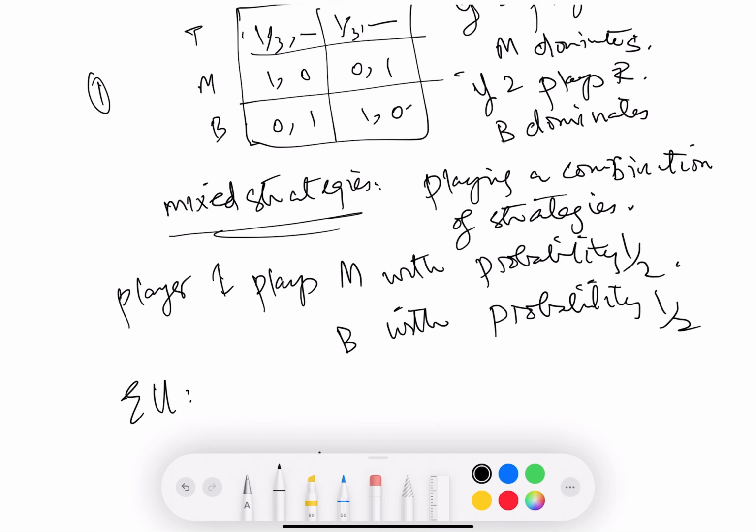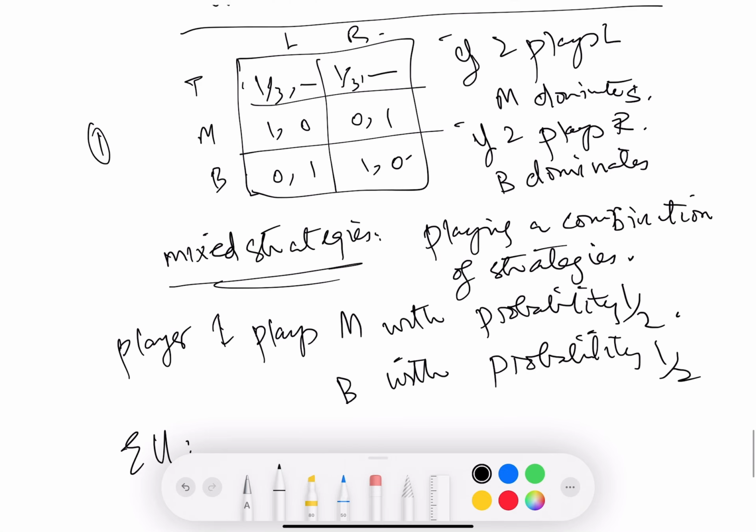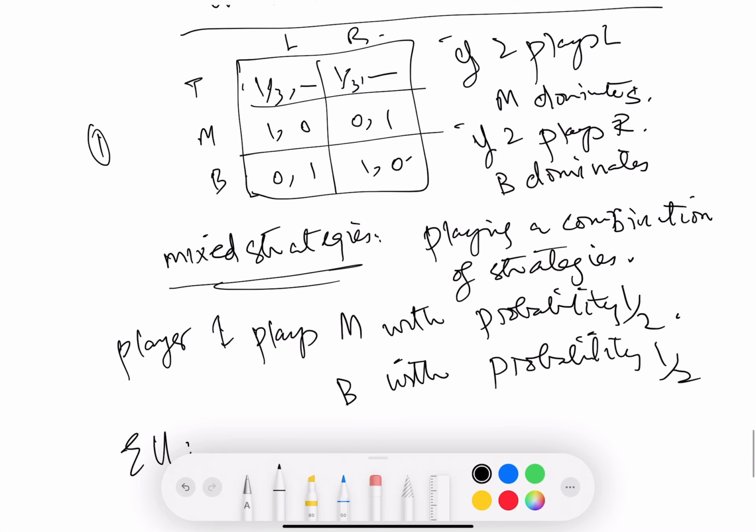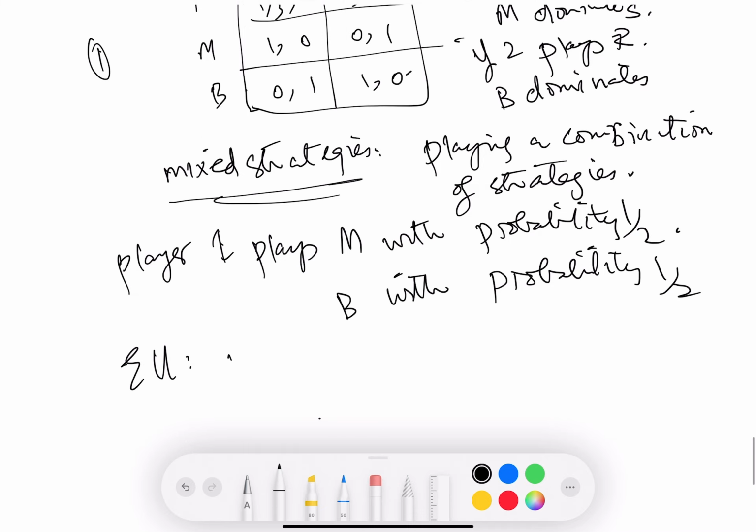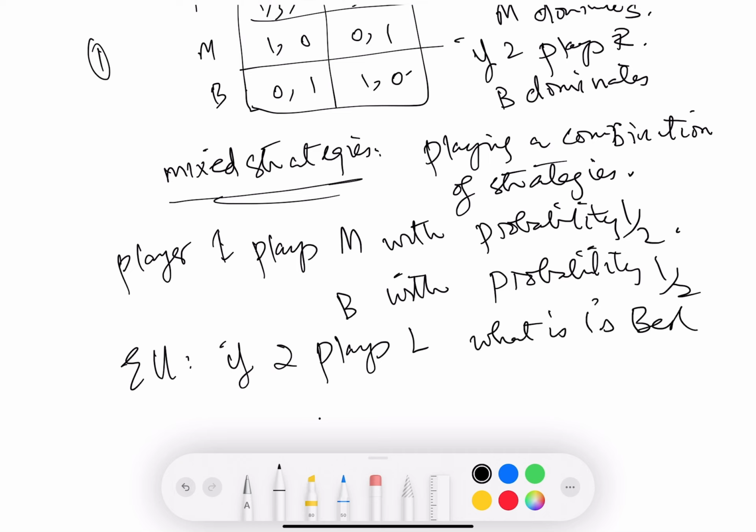If player 1 is playing M with probability 1/2 and B with probability 1/2, and we are allowing those combinations, then if 2 plays L, what is 1's best response? Okay, so what does this combination strategy give us?